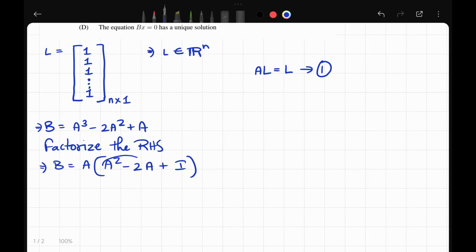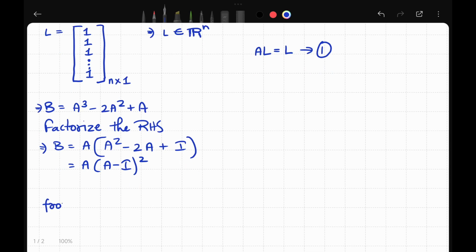And this basically is A minus I whole square, right? Because I square is the same as I, and the minus 2AI part will just become minus 2A. So it is A times of A minus I whole square.